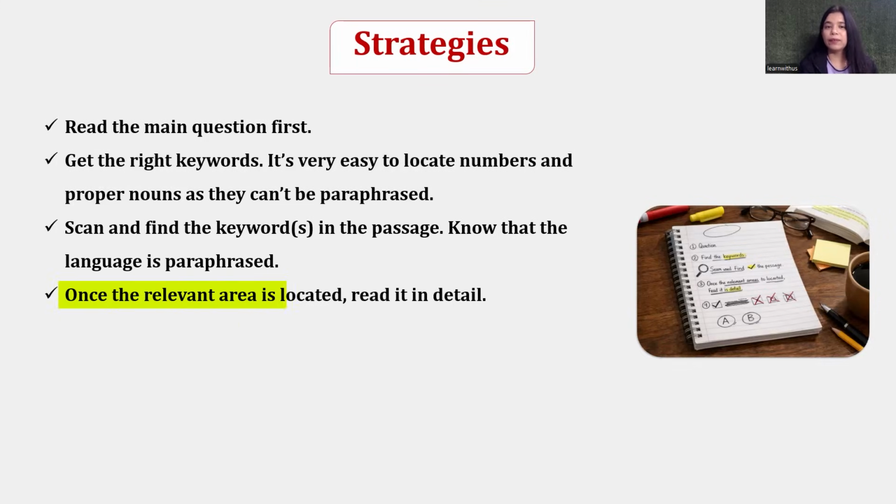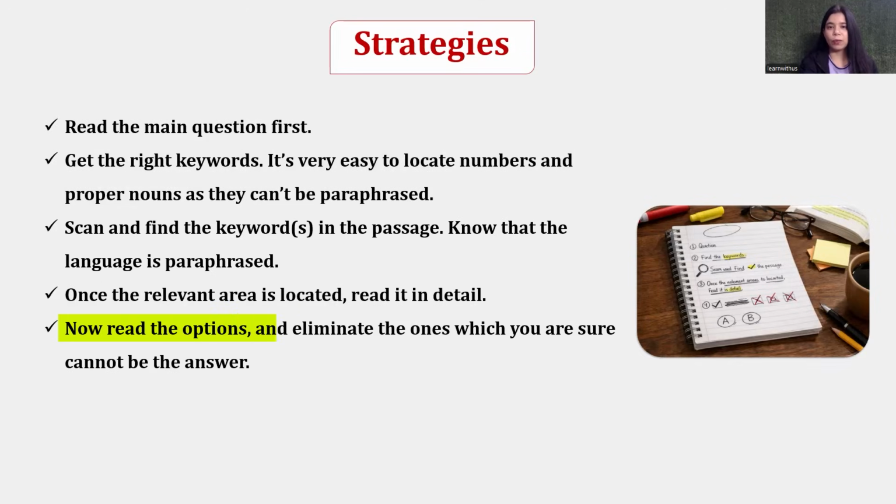Once you locate the relevant area where the keyword is, now you need to read that area in detail. And now read the options. When you have read that area in detail, go back to the questions, read the options and eliminate the ones which you are sure just can't be the answer. Now, here's the thing.